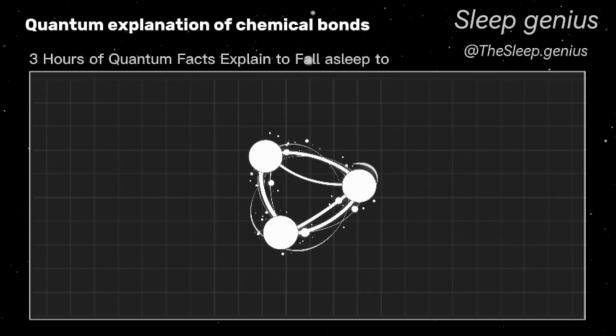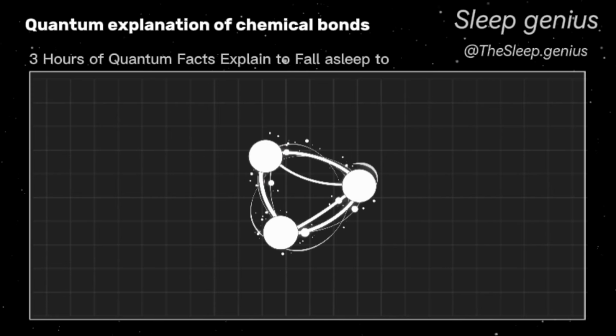Catalysis, semiconductor design, and nanotechnology all rely on manipulating bonds with a precision born from quantum insight. The tangible world, from the smallest protein to the most complex alloy, is constructed through the language of quantum mechanics.